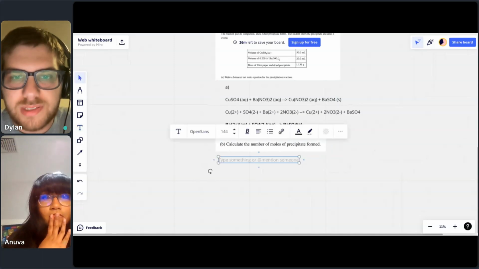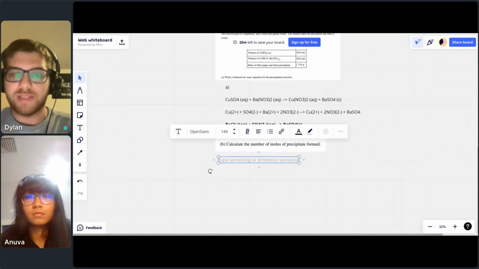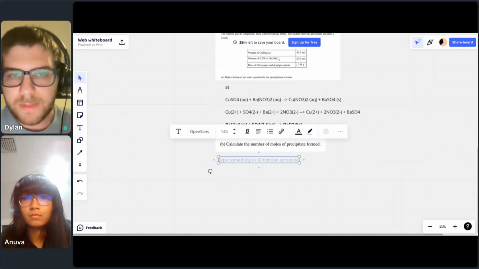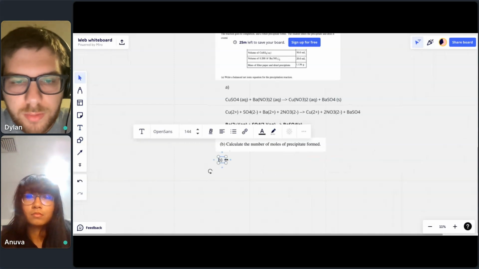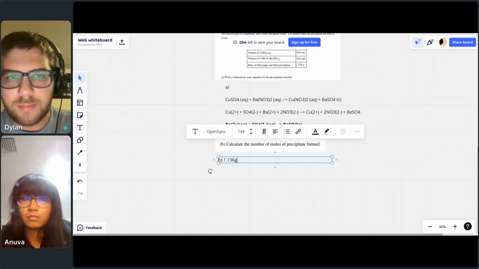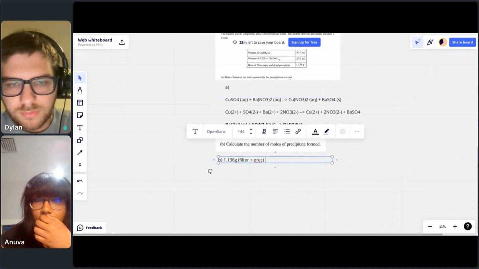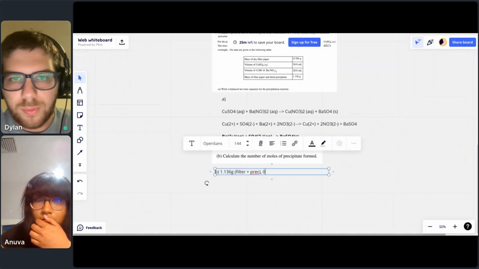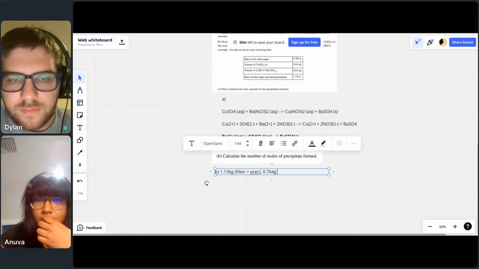Calculate the number of moles of precipitate formed. Well, first we need to know how much precipitate was actually formed, right? We know that we have 1.136 grams of filter plus precipitate, and 0.764 grams of filter.